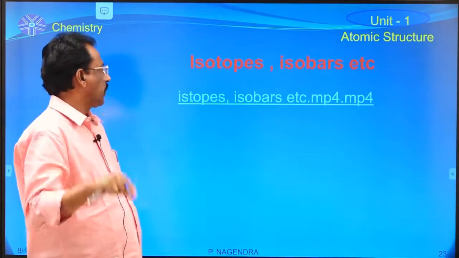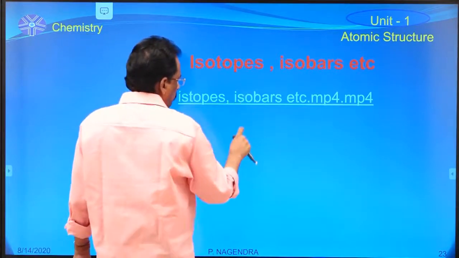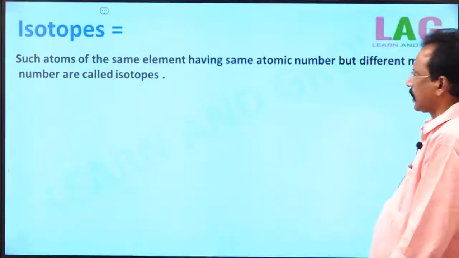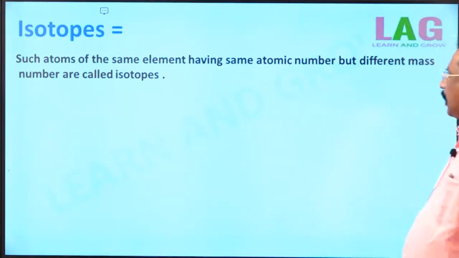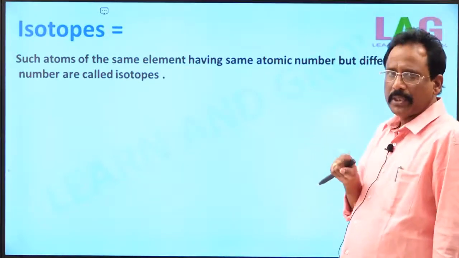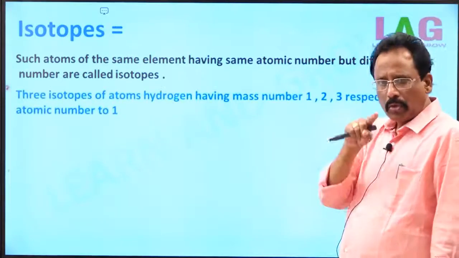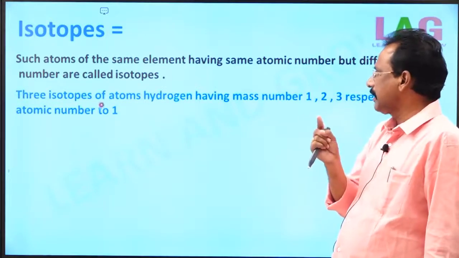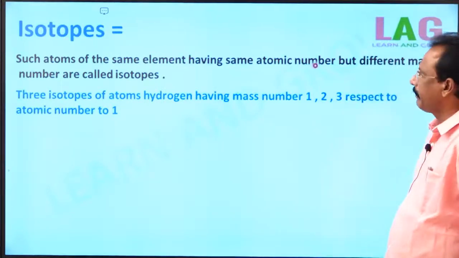Based on these 3 points, next is what are isotopes, isobars, isotones, and what is meant by isoelectronic species. The definitions of isotopes, isobars, isotones, and the meaning of isoelectronic species depend upon atomic number, mass number and number of neutrons.